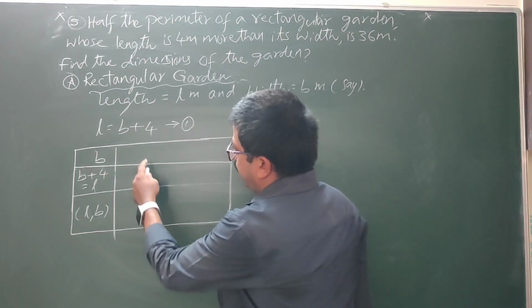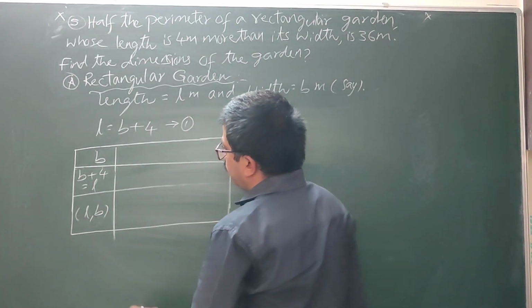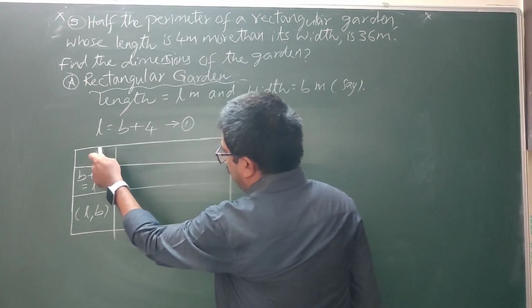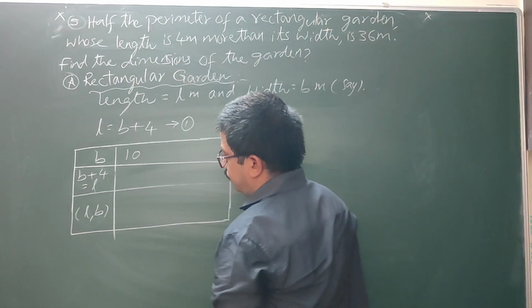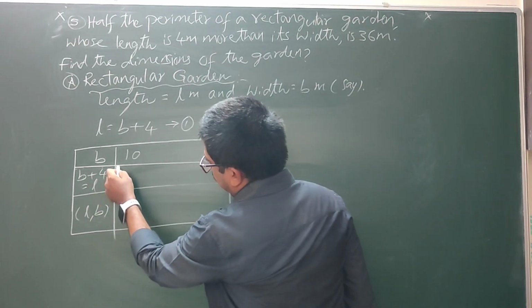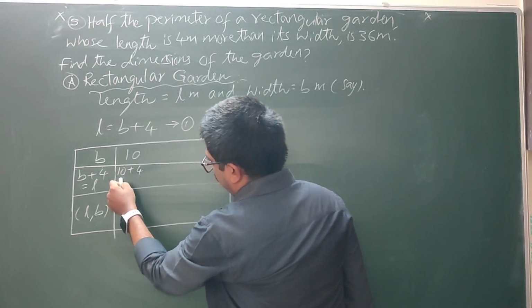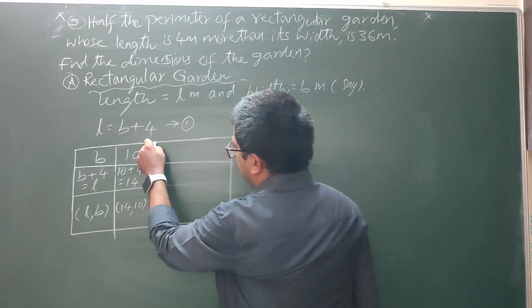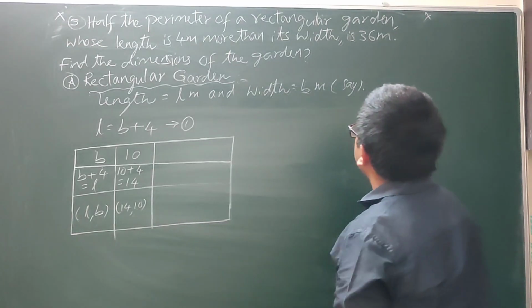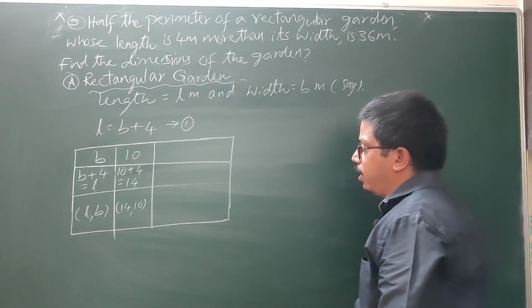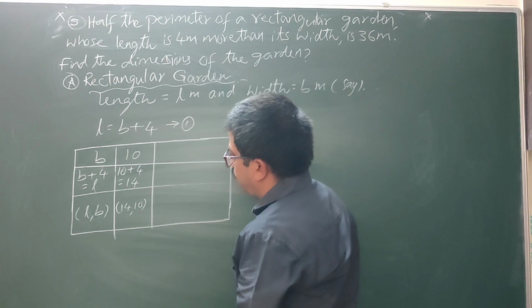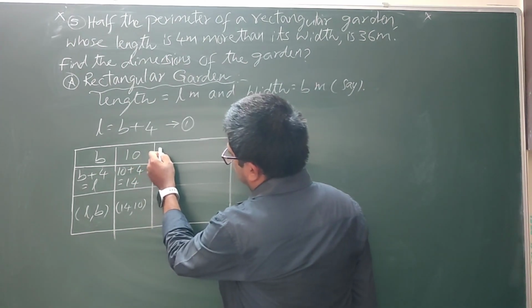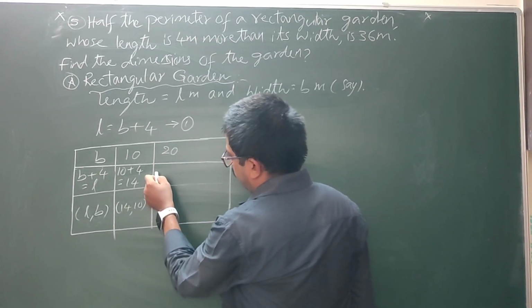Next, let me take B to be 10. So L is 10 plus 4 equal to 14. 14 comma 10. Next, let me take B as 20.